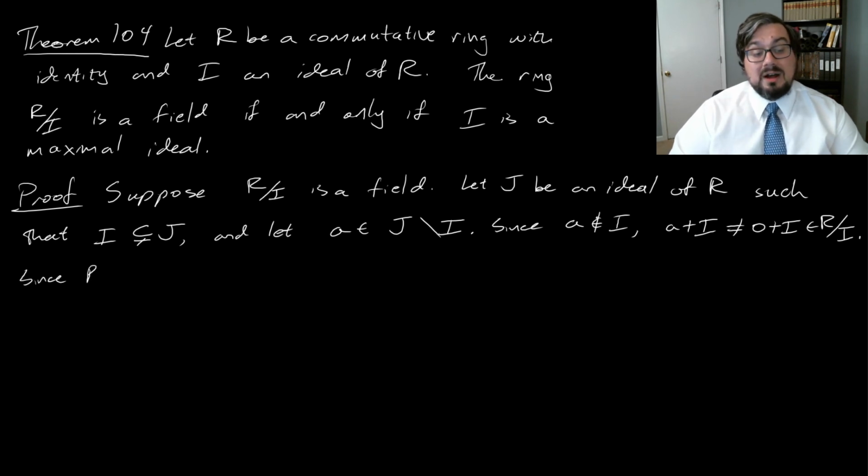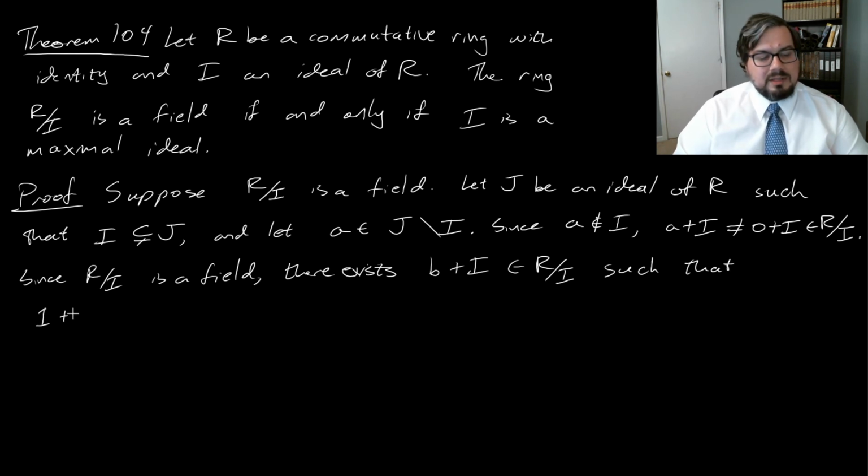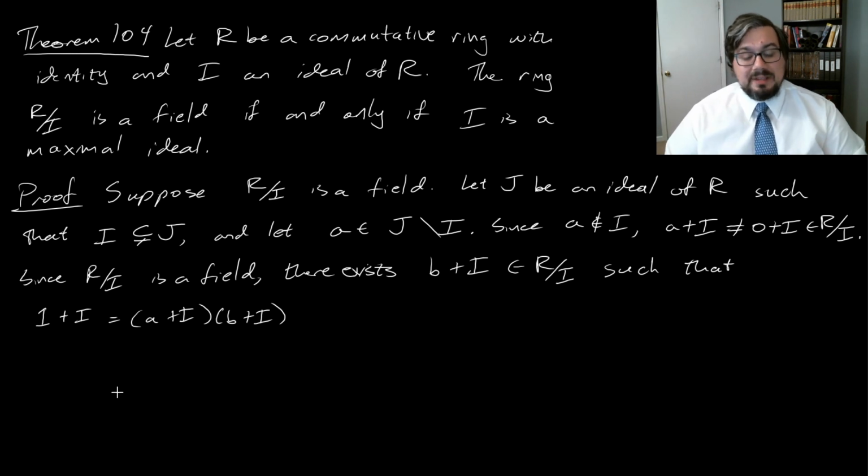Now, since R mod I is a field, there exists a B plus I in the ring R mod I such that 1 plus I is equal to A plus I times B plus I. Since R mod I is a field, that means that every non-zero element is a unit, meaning that given any non-zero element, such as A plus I, there's some other element, B plus I, so that when they multiply, they give the multiplicative identity.